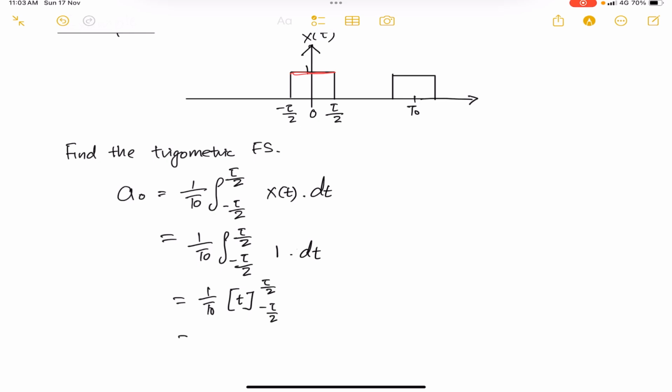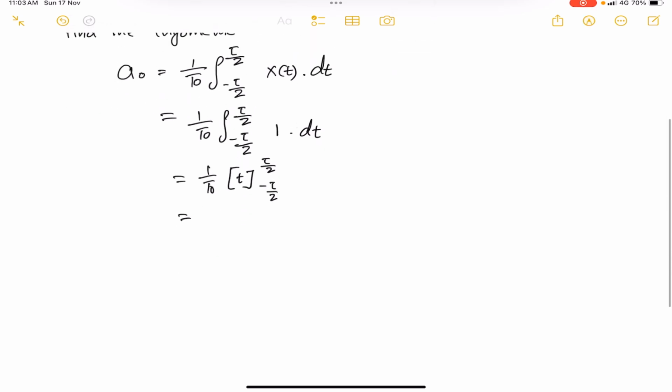After that, you can substitute the t with tau over 2 and negative tau over 2. After substituting, you get 2 tau over 2, so you get tau over T0.